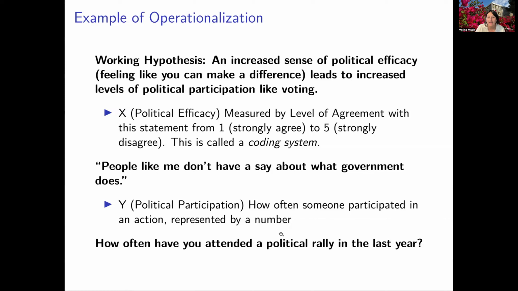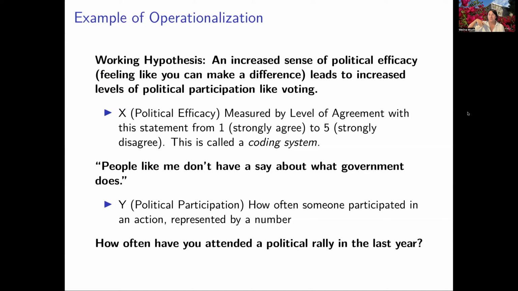We can assign a number for how many times somebody participated in a given political action, or we can operationalize it as a binary, 0 or 1. For example, for voting, we can assign a 0 for somebody that didn't vote, or if they say, yes, I voted and check that box, they get a 1.